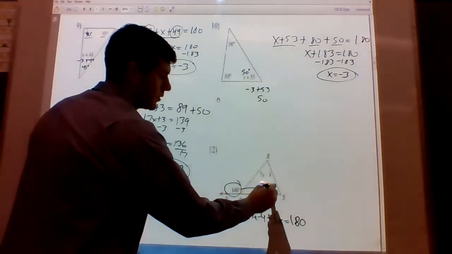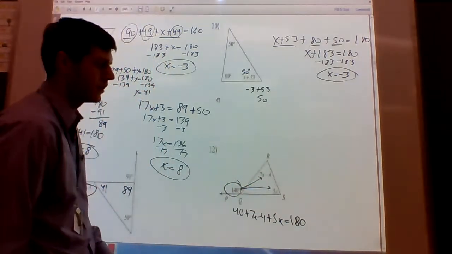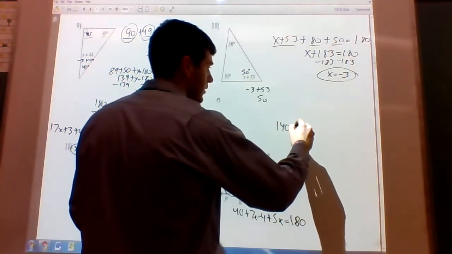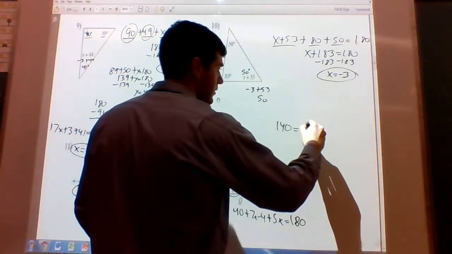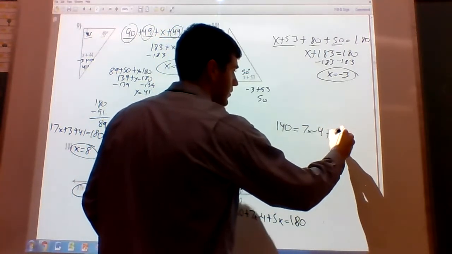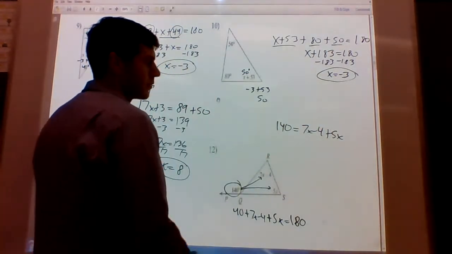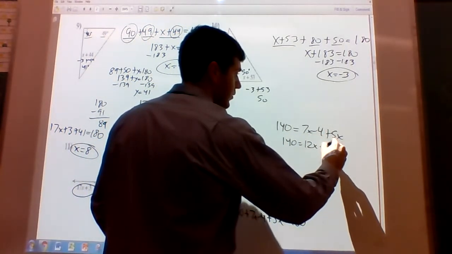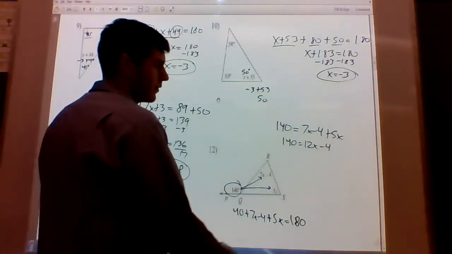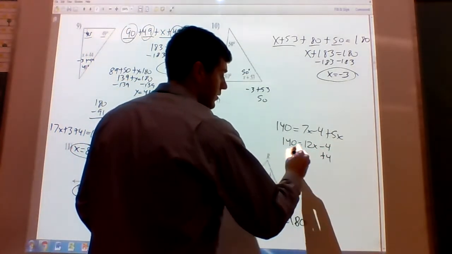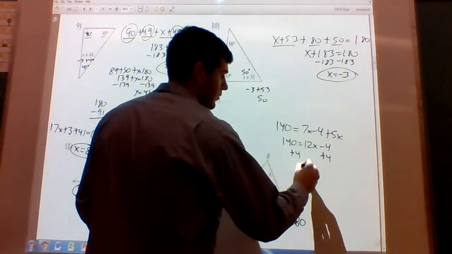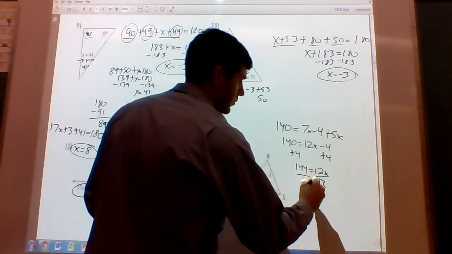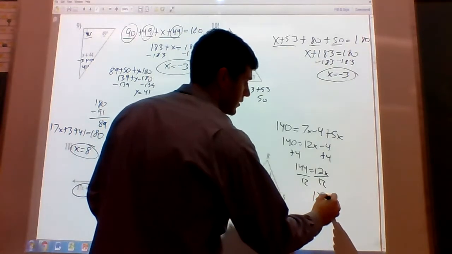It's going to equal the sum of the opposite two interior angles added together. So 140 is going to equal 7x minus 4 plus 5x. So 140 is going to equal 12x minus 4. Add 4 to the other side: 144 is going to equal 12x. Divided by 12, 144 divided by 12 is 12.